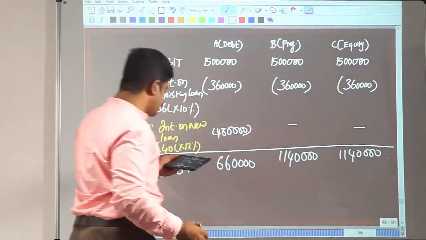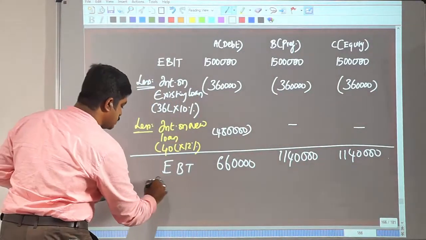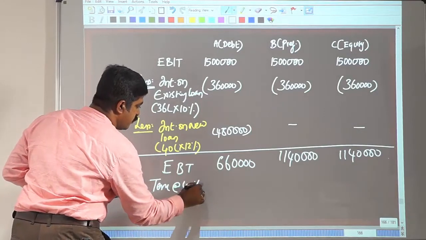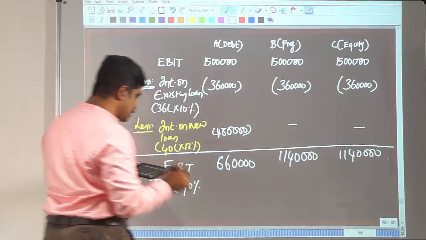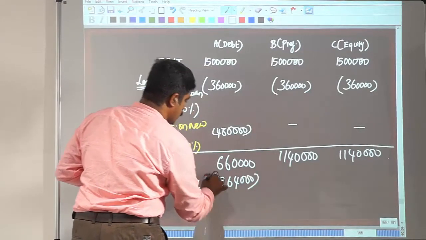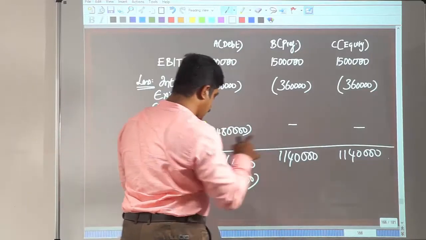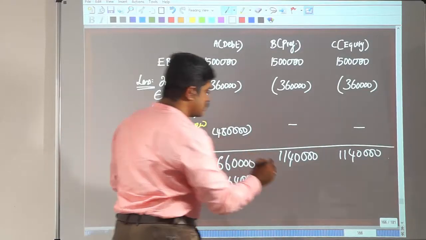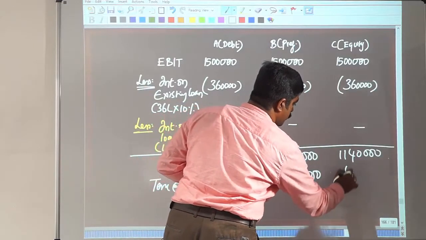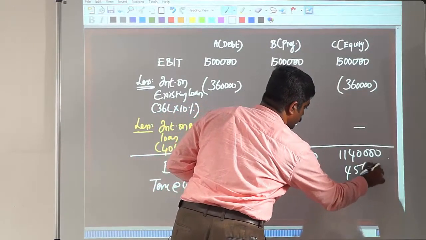Now from this we have to subtract tax, and the question says tax rate is 40%. So tax at 40% on 6,60,000 works out to 2,64,000. And here 11,40,000 into 40% works out to 4,56,000.